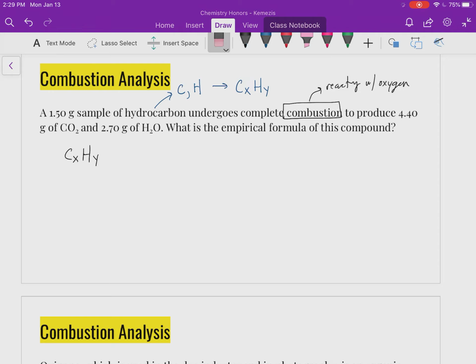And that's going to be true about any combustion. So when you see the word combust, it just means whatever you're talking about is reacting with oxygen. And we are going to produce carbon dioxide and water.